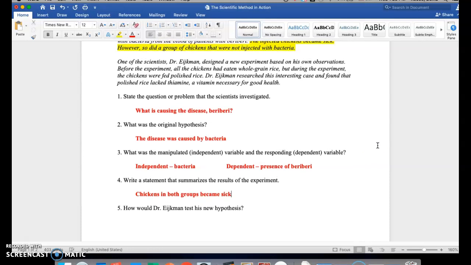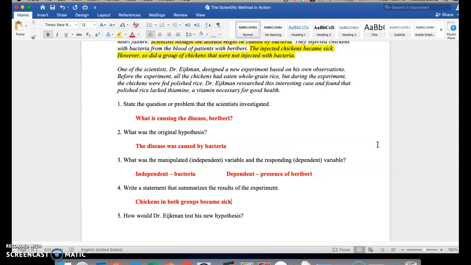So how would Dr. Eichmann test his new hypothesis? Well, the first thing you're going to have to do before you can answer that is figure out what Dr. Eichmann's hypothesis was. And if you reread here, he did some research and found out that polished rice lacked thiamine, and he also noticed that the chickens were fed polished rice during the original experiment.